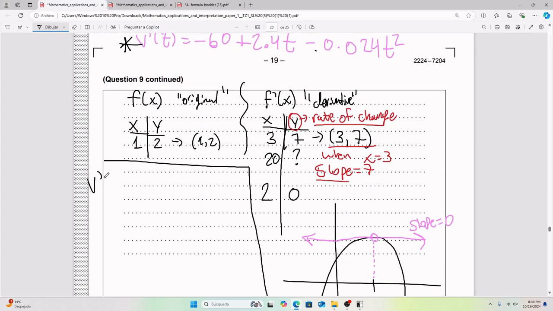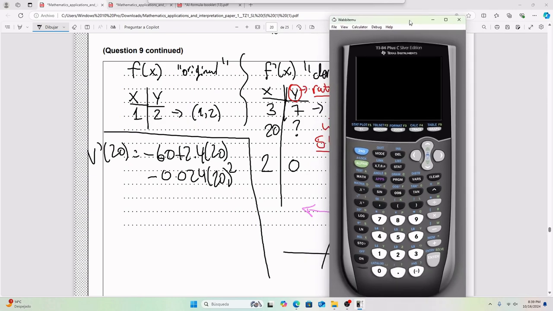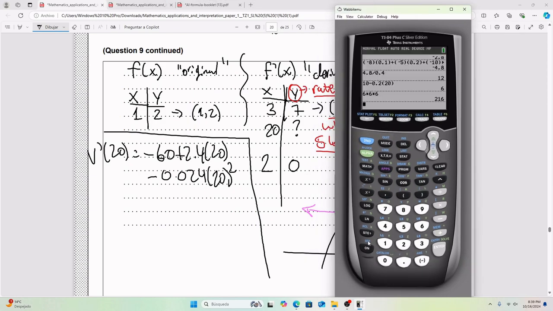So if you go ahead and plug in 20 into that, you end up with negative 60 plus 2.4 times 20 minus 0.024 times 20 squared. So if I put all of that into my calculator, we have negative 60 plus 2.4 times 20 minus 0.024 times 20, and that guy squared.